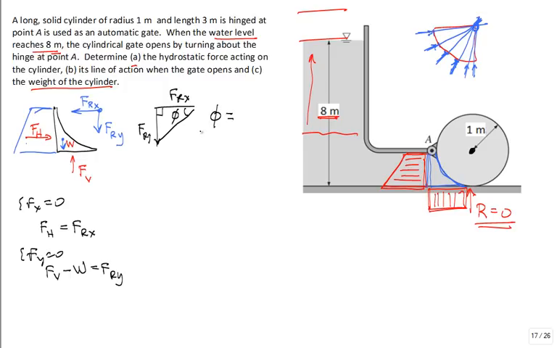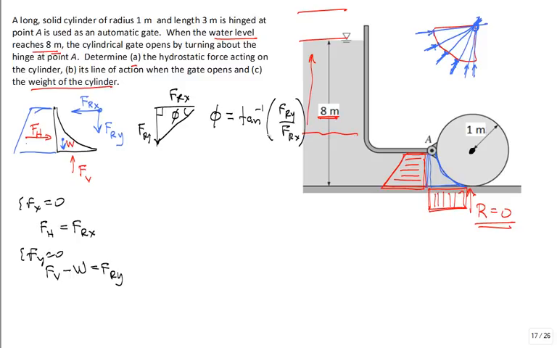How do I calculate that angle phi? Arc tangent, inverse tangent. That's right. F_Ry over F_Rx. There's the roadmap for the first two parts of this problem. Make sense? You ready to slug through it? Let's slug through it, see how far we get.